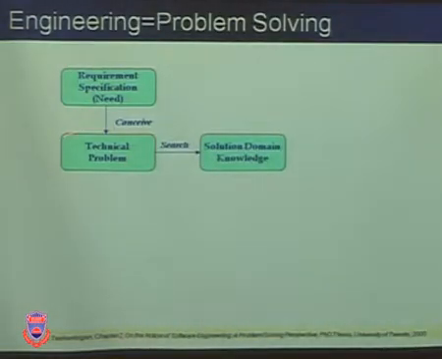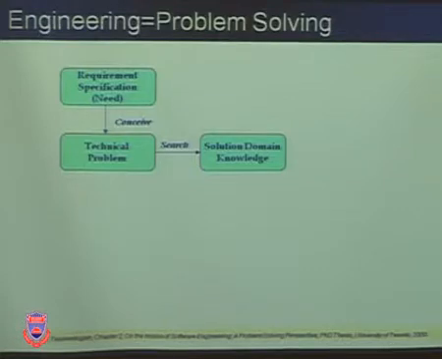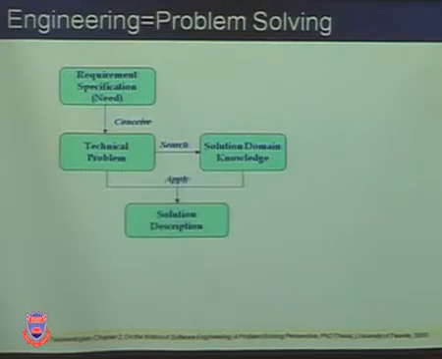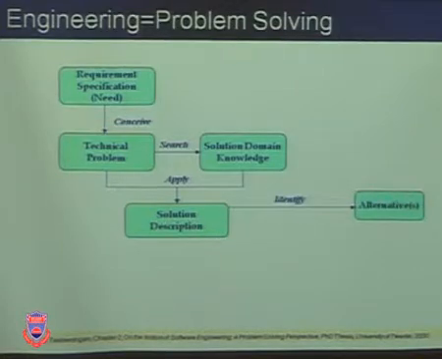If we have defined the concerns, the problems, then we search for solution domain. If your requirements analysis is quite extensive, it might already overlap with problem analysis. It might already state what the problems are. Once we search the solution domain, based on the solution domain, we derive the concepts and define the solution description.